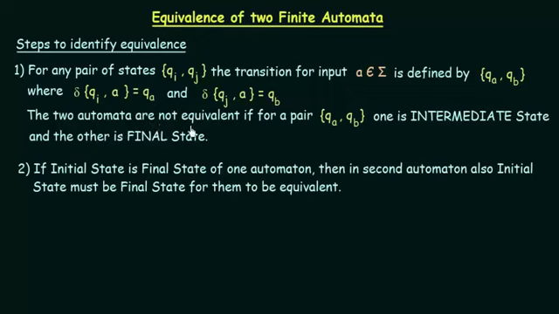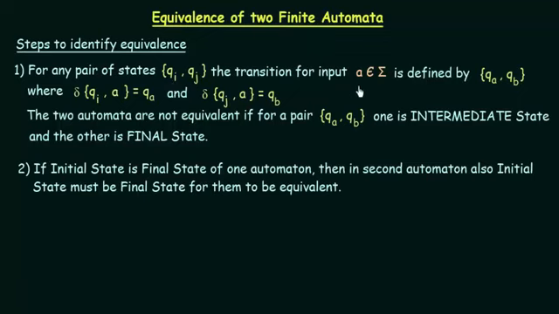The two automata are not equivalent if, for a pair qa-qb, one is an intermediate state and the other is a final state. What we mean by this is that, suppose we have two automata, and from them we select pairs of states, one from the first automaton and the other from the second, and let's say we get a pair qi-qj.